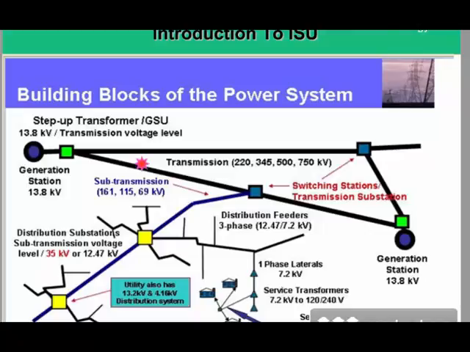From this distribution substation, you can see there is a feeder line coming out. In the middle, you can see from the yellow one, there is a 3-phase feeder, and from this feeder there is a single phase line, and then there is a service transformer which reduces the voltage further to 220 or 240 voltage level.